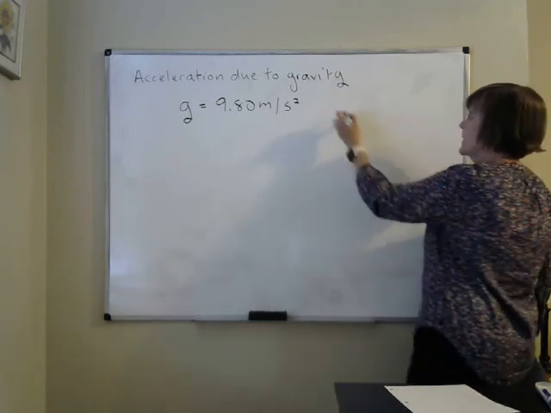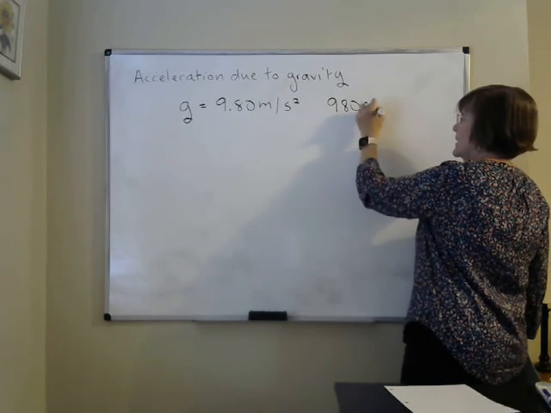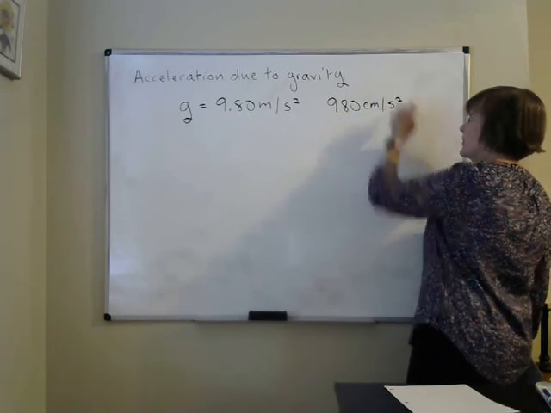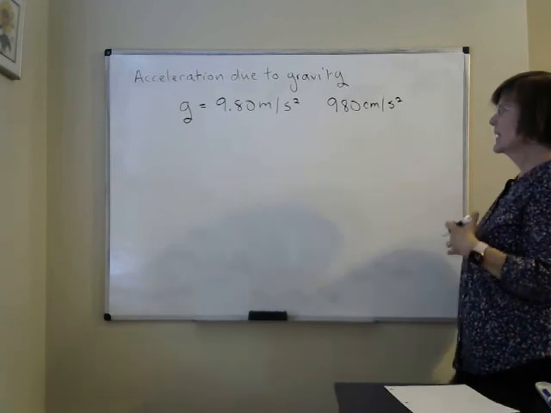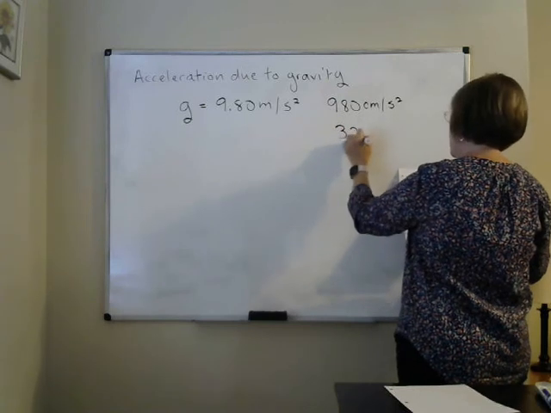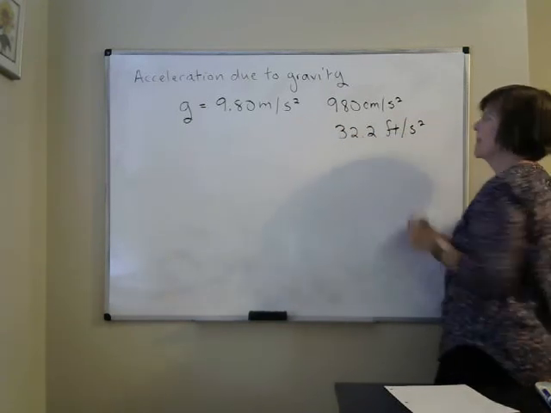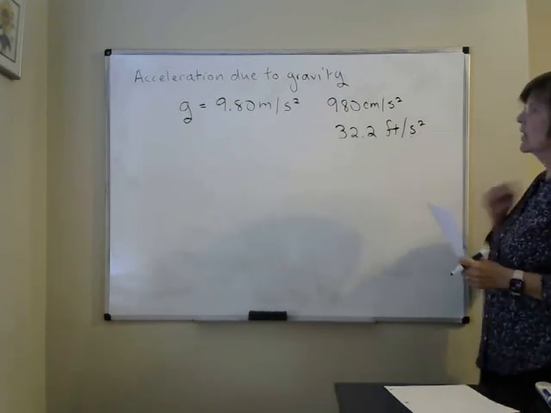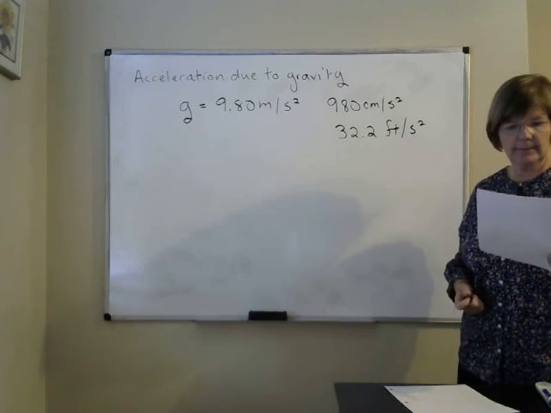You can write it as 980 centimeters per second squared. If we were working in centimeters, that would be true. If we're working in feet, we can say that it's 32.2 feet per second squared. Both of these come up once in a while, but this is what we use almost all the time.